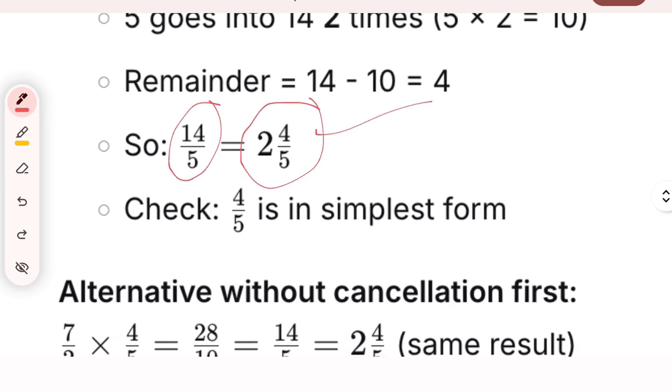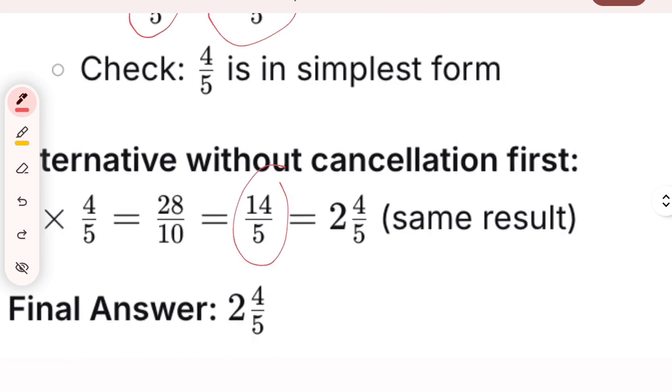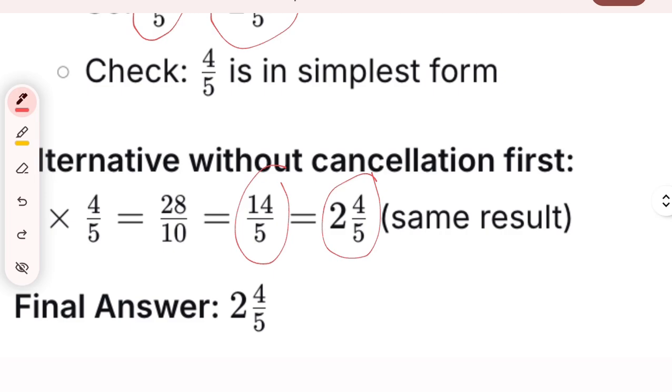So you can have this as the answer, or you can also have this as your answer, depending on your professor or your teacher. Some teachers will not accept this as the final answer, so it should not be an improper fraction.